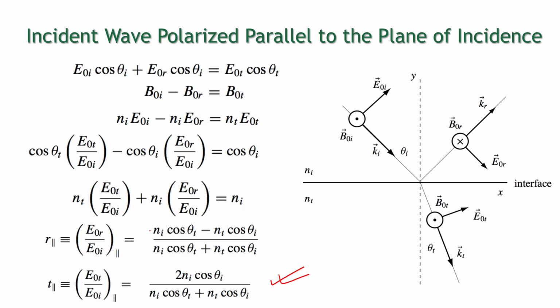Now you can do the same thing for R, and I'm using here parallel because again we are dealing with the parallel component. Okay, so we got the reflection amplitude coefficient for the parallel component and the transmission amplitude coefficient.